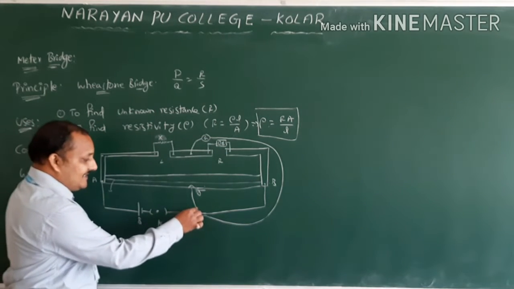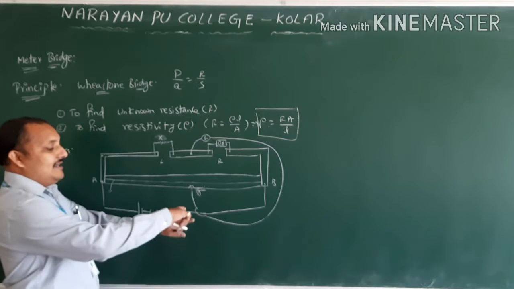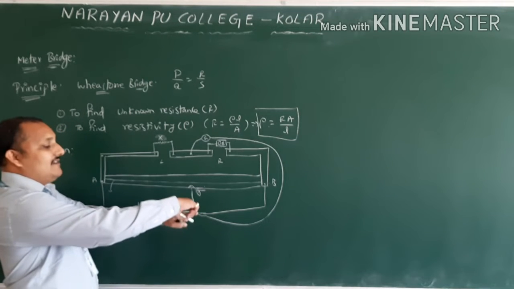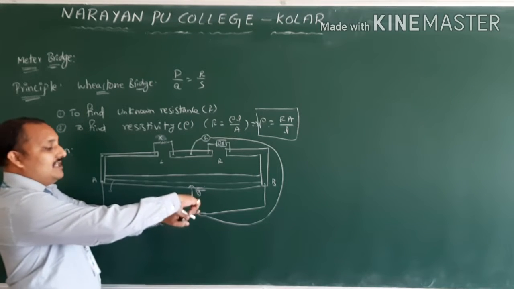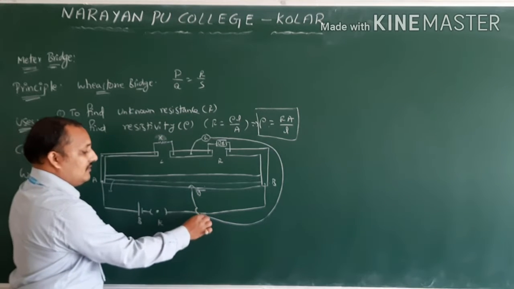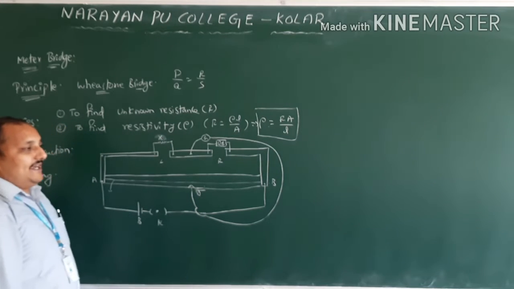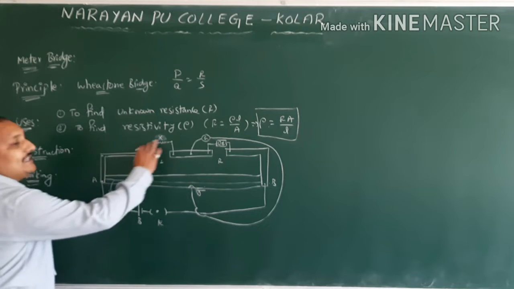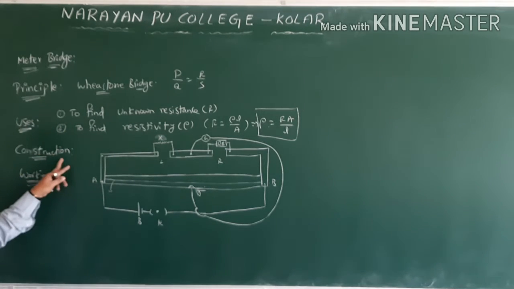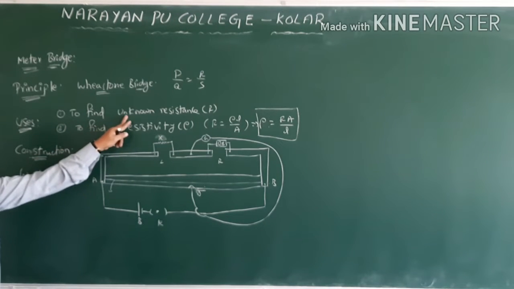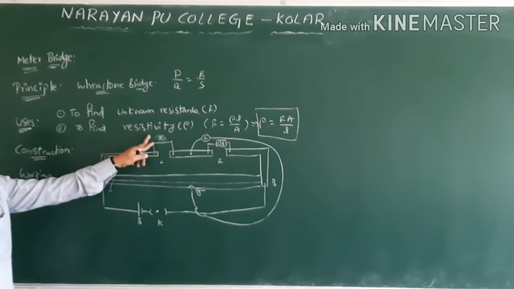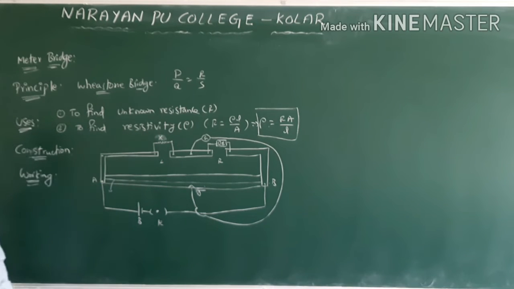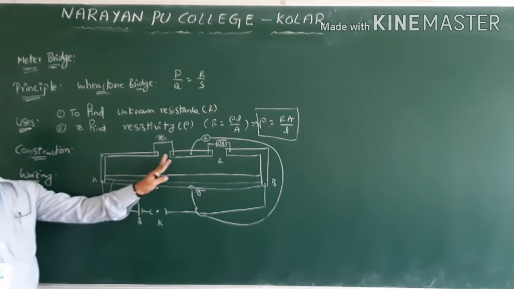What this indicates is that these wires are not in contact, one wire is above the other. This is going to indicate that. Okay, this is nothing but the construction of the meter bridge to find unknown resistance or to find the resistivity of the given material. Whatever they are asking, this is nothing but construction.